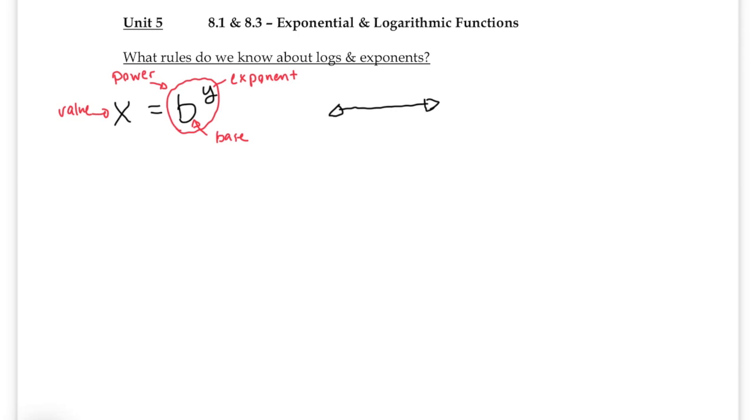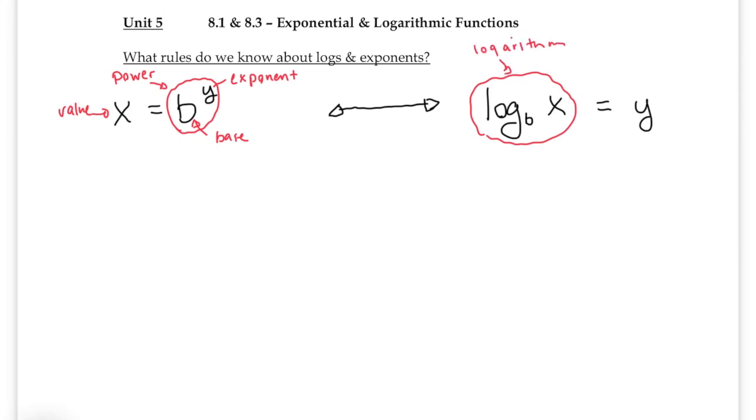And written in logarithmic form, the equivalent expression would be log base b of x is equal to y. Okay, and so this is called a logarithm. And this is called the base of the logarithm.